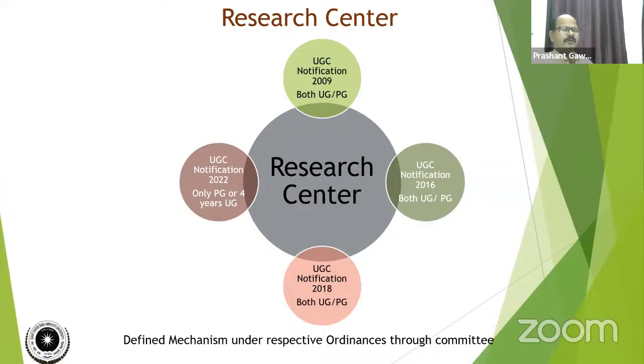Now, while talking about the allocation of research centers, as per the UGC notification 2009, both for UG as well as PG, there is a research center. Similar is the case of the research supervisor also.